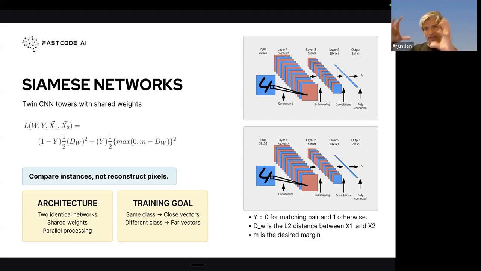When you force it like this, without infinite penalties, it creates vectors which have good properties. It will bring same class vectors close to each other, and different class vectors far away from each other, at least m distance away.